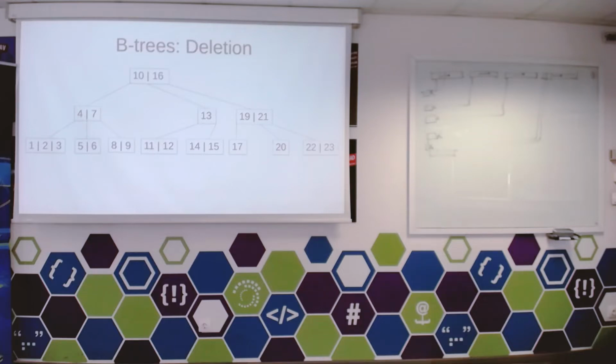In some other cases, we might instead merge two siblings, and in that case we also need to move the separator inside the newly created node. Any questions? As I said, if you're implementing B-trees, you probably want to not have to do this. It's complicated.